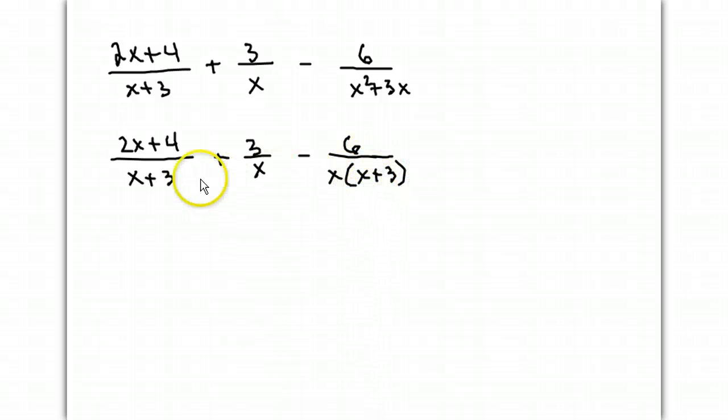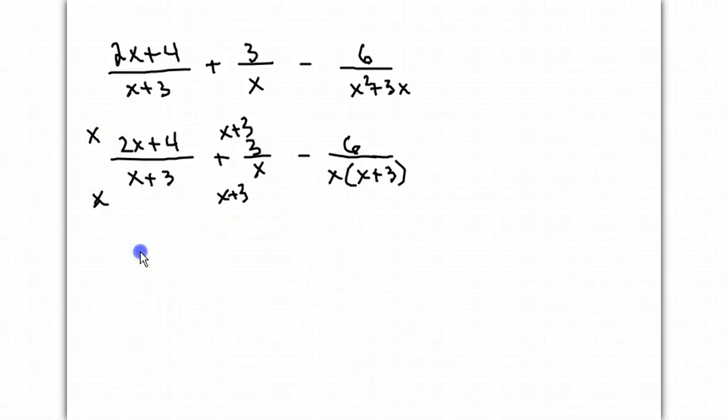So if you look at it, these two denominators are inside of this one. So this one is the common denominator. This first one is missing an x, so multiply top and bottom by x, and this one is missing an x plus 3, top and bottom. So they all can have the denominator x times x plus 3.